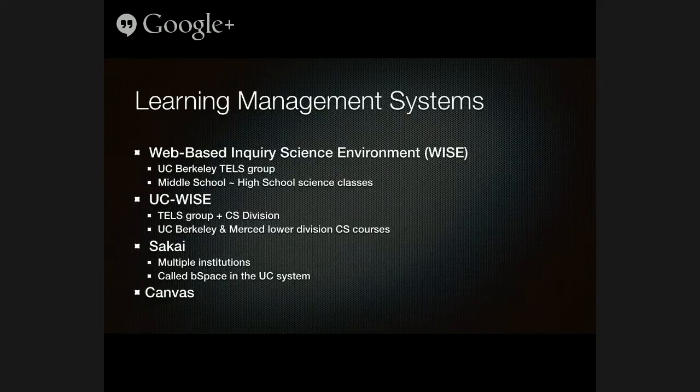Some of them do it better than others. UC-WISE was a very strongly inquiry-based thing, whereas trying to discern the pedagogy of Canvas is very difficult. It's kind of just a generic content management system, but it's there. And we'll talk more about how lecture has changed over the years after Administrivia.